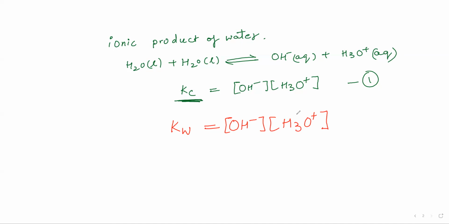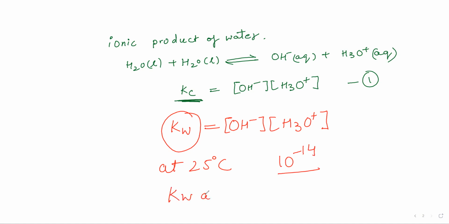This value is calculated experimentally, and at 25 degrees Celsius, which is normal room temperature, Kw is 10 to the power negative 14.